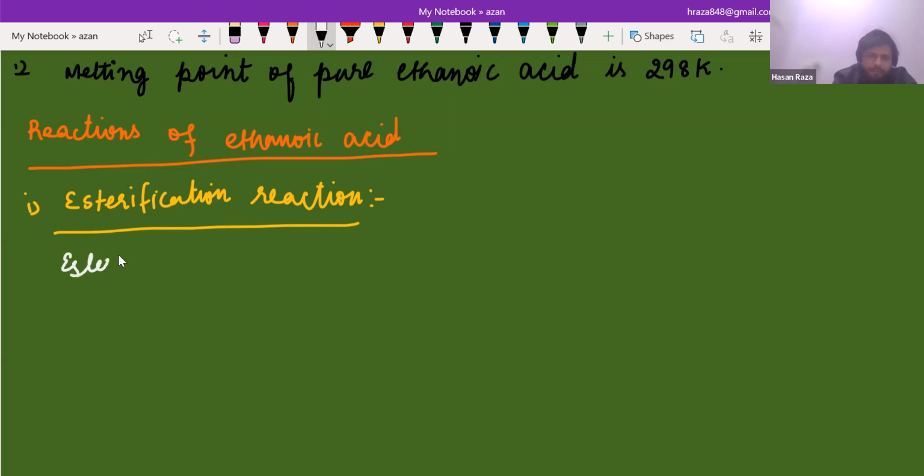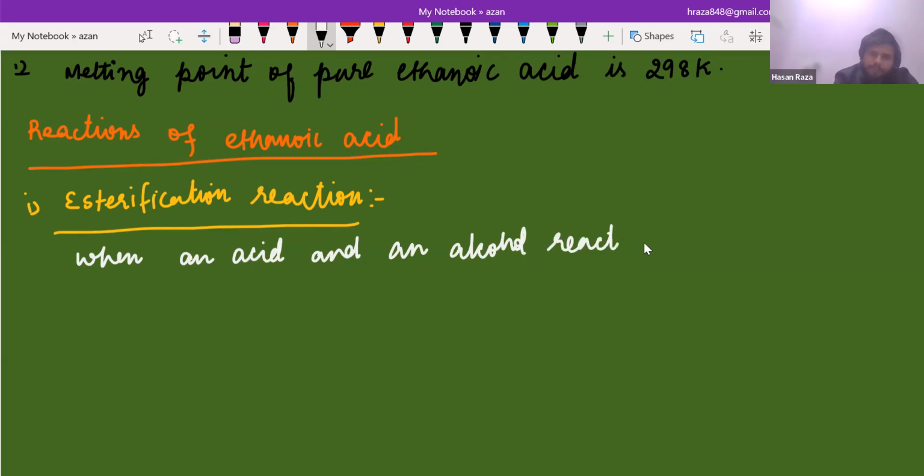So basically, when an acid, that means a carboxylic acid, not a mineral acid, an organic acid, and an alcohol react, then esters form.